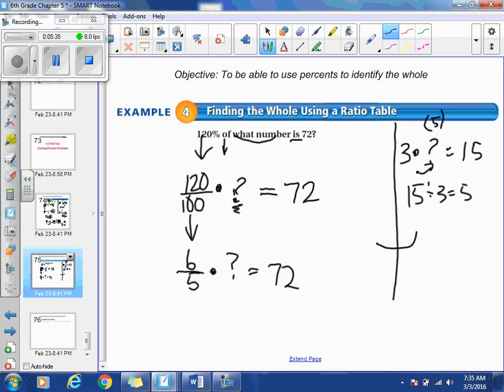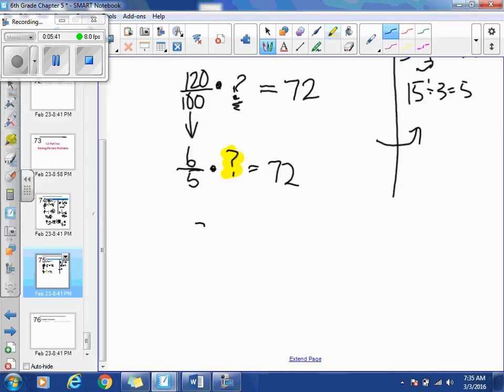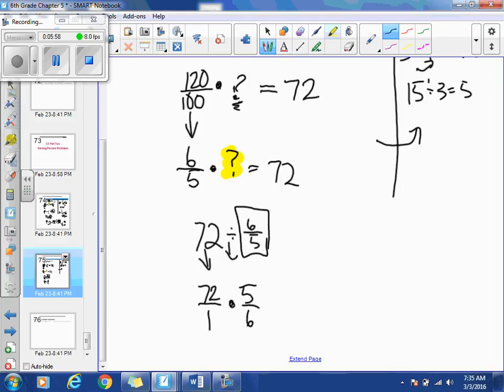Just like we did over here, to find this missing number, we are going to take 72 divided by 6/5. So I'll write 72 as a fraction, change divide to multiply, and take the reciprocal of only the number that comes after the division sign. I'm not flipping the first one, just the second one.